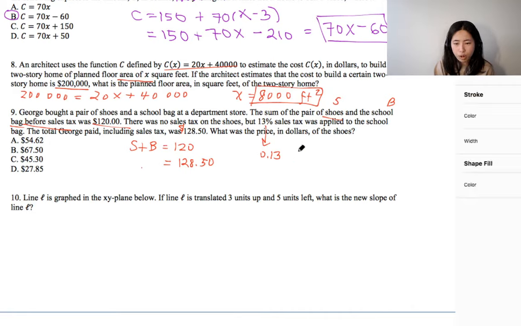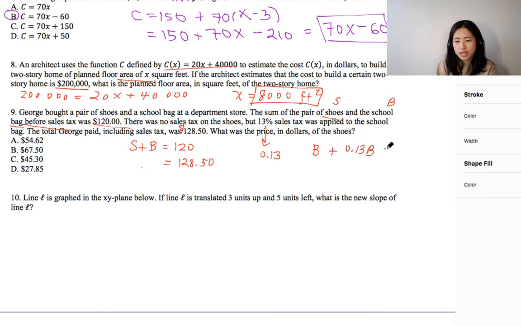Initially, if you recall, we're paying for the bag, and we know that the bag costs the whole thing, right? So you're paying the whole amount for the bag, which is 1. And then because you need to pay 13% of whatever the cost is for the bag, that's going to be 0.13 of that.